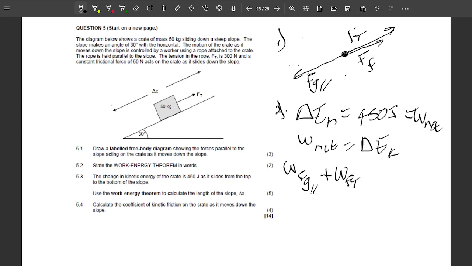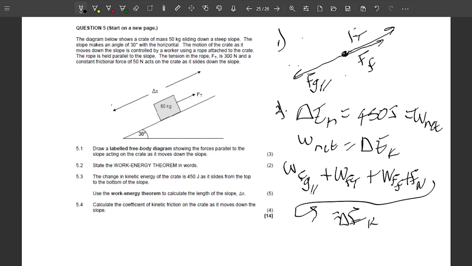And then I've got plus W of F friction, which is that bad boy right there. Okay, and then we've got other forces at work here. We'll have to think about our dear friend the normal force here. I'm running out of space, so I'm just going to proceed on the spot. And all in all, this is essentially equal to delta EK.